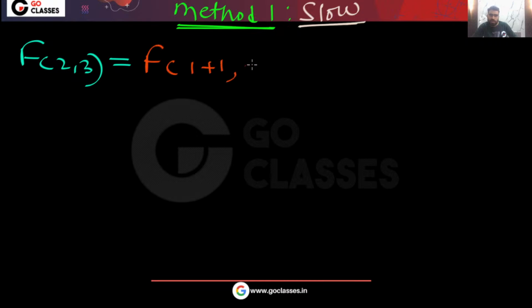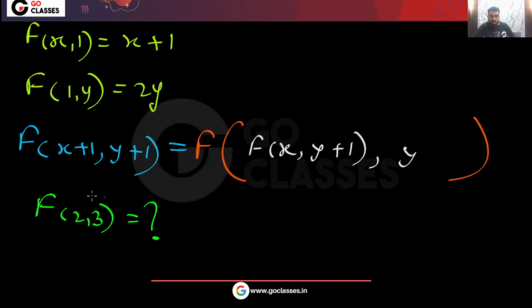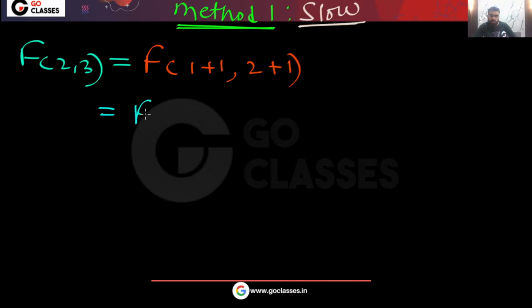Now you can use this expression: f(x+1,y+1) is equal to f(f(x,y+1),y). So what you can do? You can say f(f(x,y+1),y). So this is what you can write. Yes or no? I hope you understood. So very simple. Is this clear?